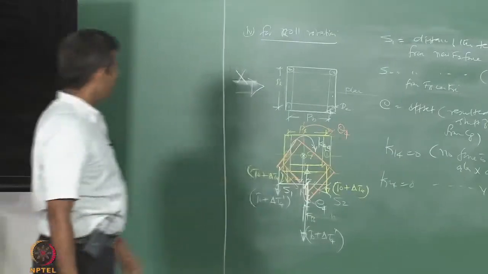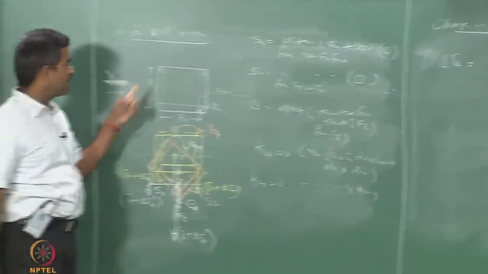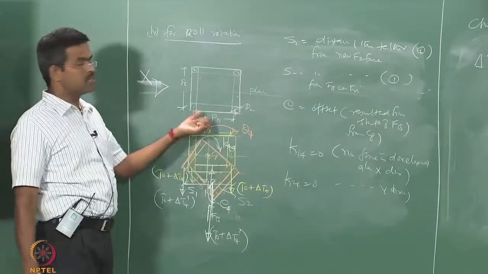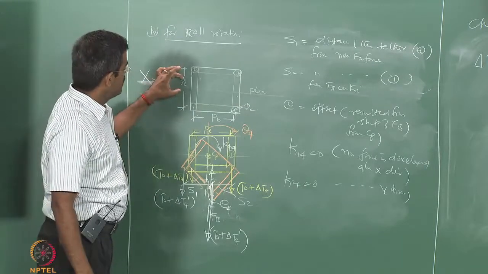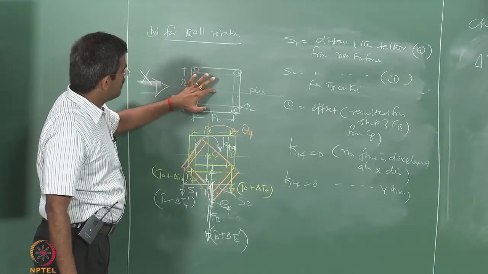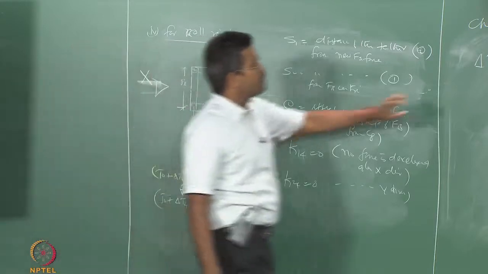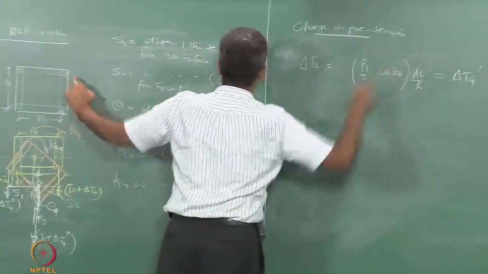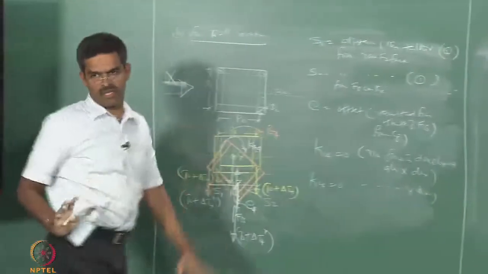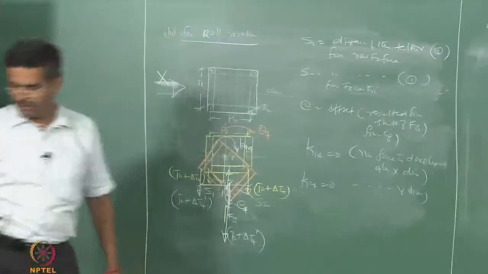Or if it is PL and PB and they are rectangular, if you look at this dimension it will be different. So we are assuming that the platform is symmetric initially at PL by 2. Since I am using PL by 2, I assume that the change in the nearest legs and the farther legs, which are delta T4 and delta T4 prime, are same in all the legs. That is why I am multiplying this by 4.